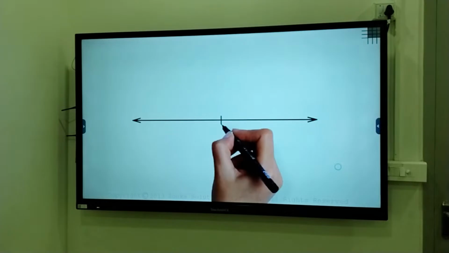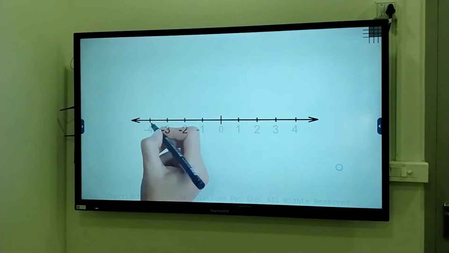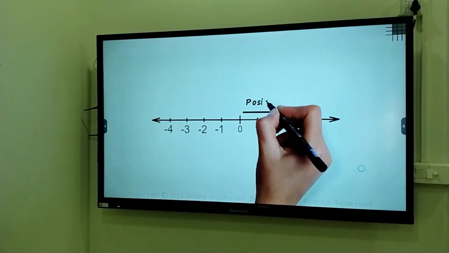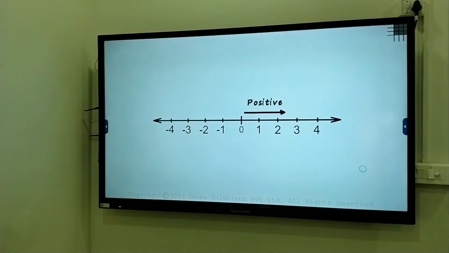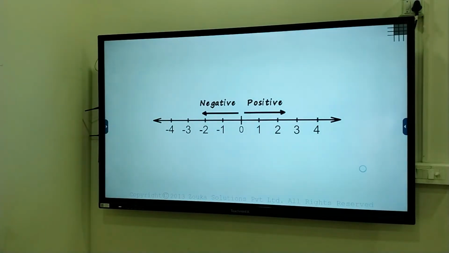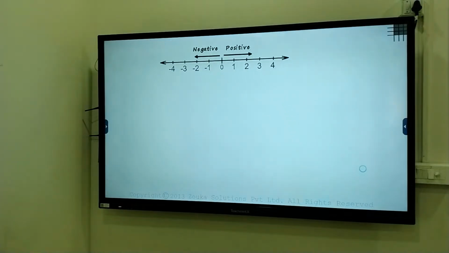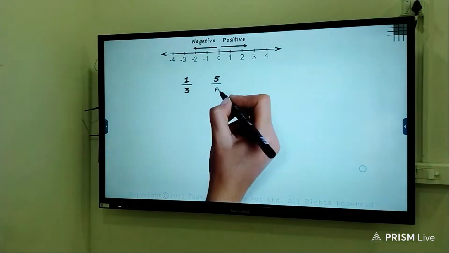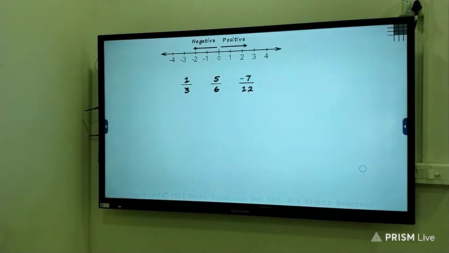All of us know what a number line is, and the numbers we see here on the number line are called integers. On the right side of 0, we have positive integers, and on its left, we have negative integers. Integers we are familiar with, but what about numbers like these? 1 by 3, 5 by 6, or minus 7 by 12?